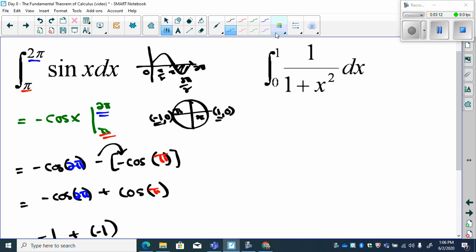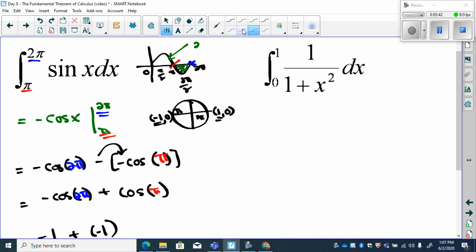So I was going between pi and 2 pi, and I was calculating the area between the x-axis and the curve. Notice it's a negative area because that area lies below the x-axis. If I was going between 0 and pi, I think we could agree that this area would be positive 2. So that's a little visual representation of what we're calculating.